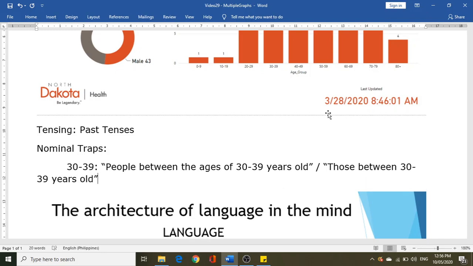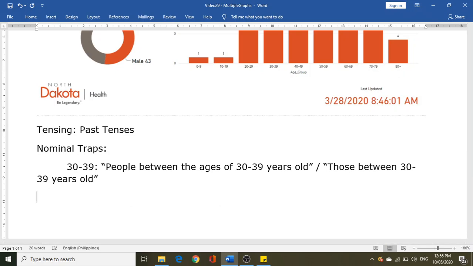Okay. Or for example, if you look at this nominal over here, 80 plus. For 80 plus, you just cannot say 80 plus. What you should instead say is something like people over here. Hold on, I'm looking for the plus sign.